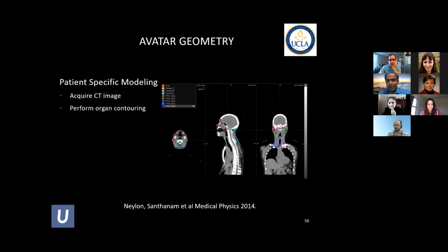So any variation in the patient is already taken care of, and that's the whole point of a patient-specific biomechanical model. That's why we call it an avatar, because whichever patient you want to do, even if it's a child, the same thing happens. So there is no atlas-based work here. Did I answer your question?